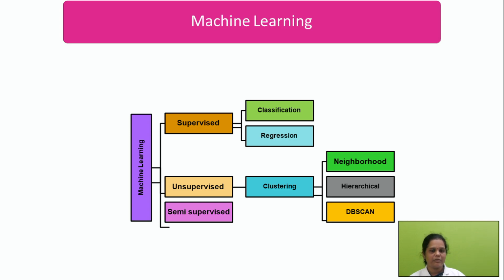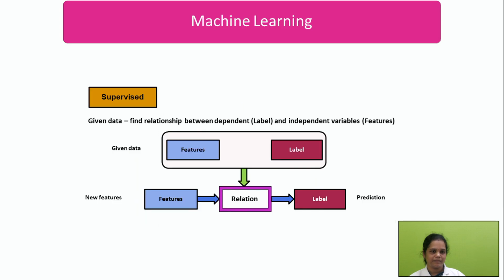In supervised learning, we have 2 different types of output: one we call classification, and the second we call regression. In unsupervised learning, we majorly get the output in the form of clusters. These are the different types of learning in machine learning.